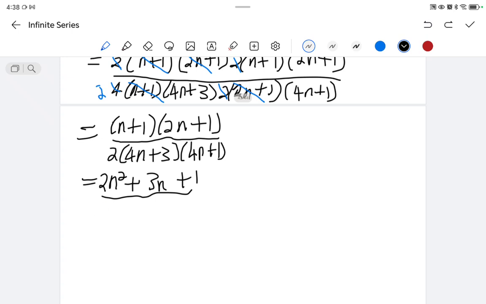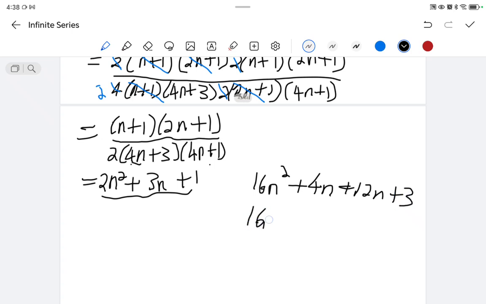let's calculate this. 4 by 4 is 16, and then n squared plus this would be 15. 4 by this would be plus 4n plus 12n plus 3.